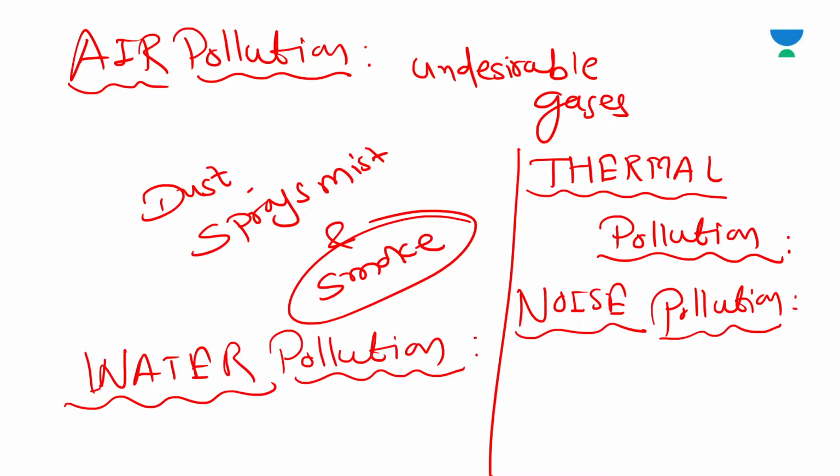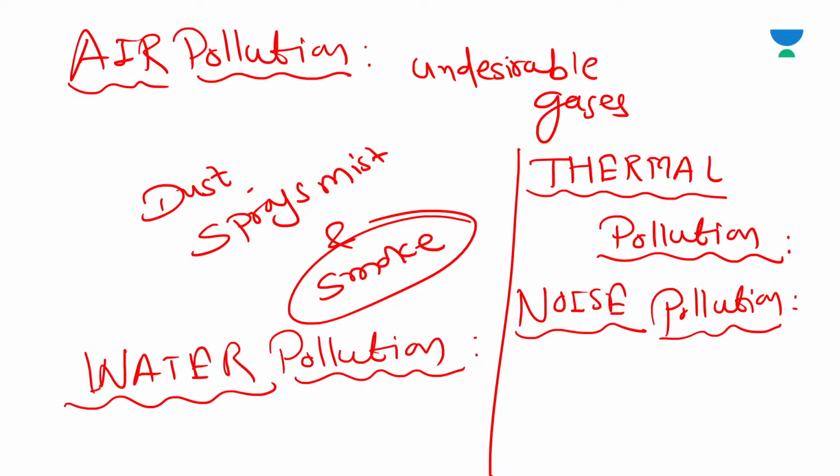Particulate matter in the air can be reduced by fitting smokestacks to factories with electrostatic precipitators, fabric filters, scrubbers, and inertial separators.